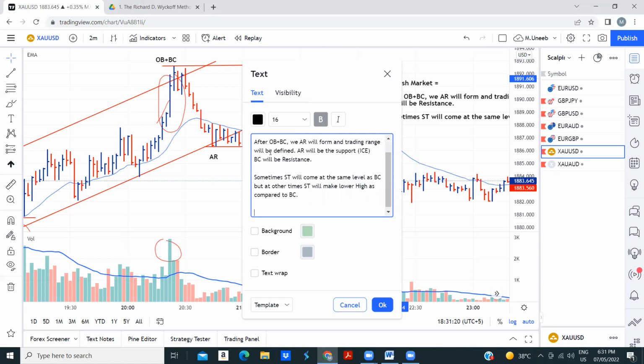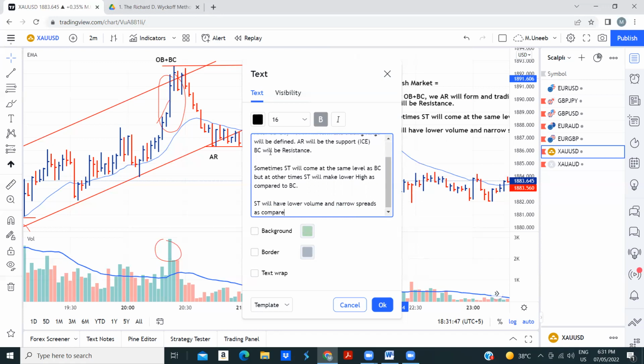The third thing is secondary test will have lower volume and narrow spreads. You know what spreads are? The length of the bar. Secondary test will have narrow spread and lower volume as compared to buying climax.